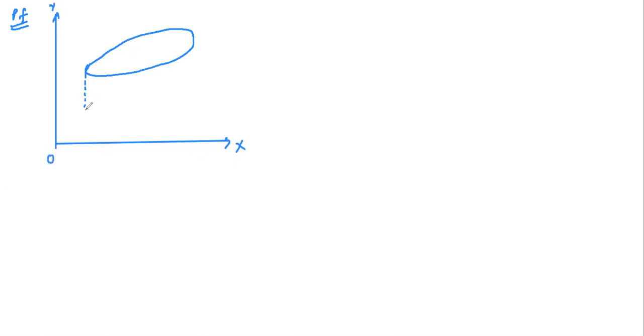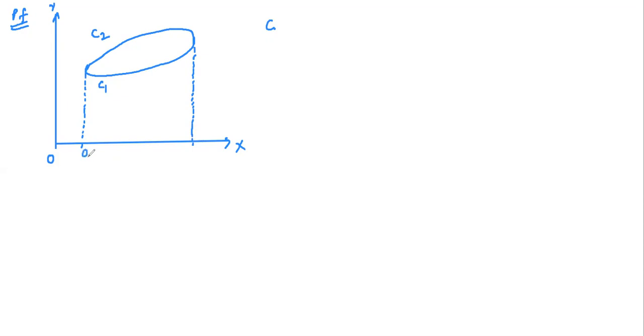This complete curve is C, and it consists of two parts, C1 and C2, where C1 represents the lower portion of this curve and C2 represents the upper portion of this curve. So we join these corner points.